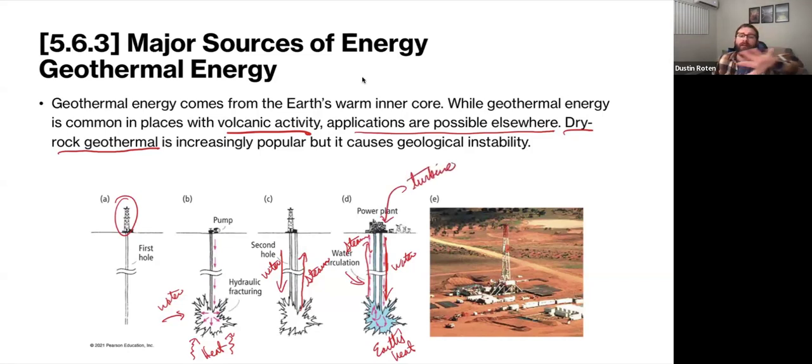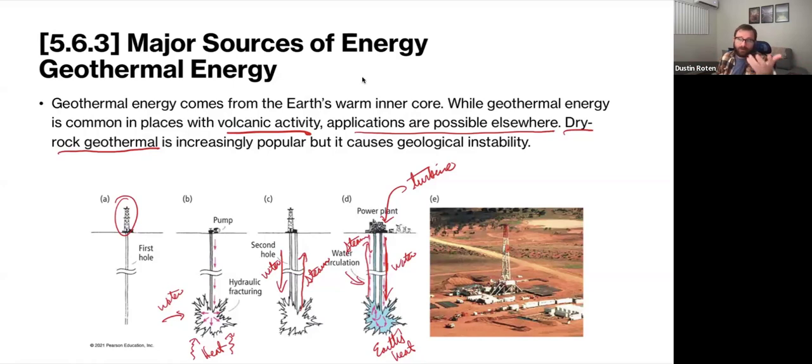The whole point of every one of these types of energy, whether it was, well, not solar, solar's different, but wind, the geothermal here, the hydroelectric, the burning of fossil fuels, is to just turn a turbine. Once you get enough energy from something to turn a turbine, you have a motor, you have an engine, you can generate electricity.